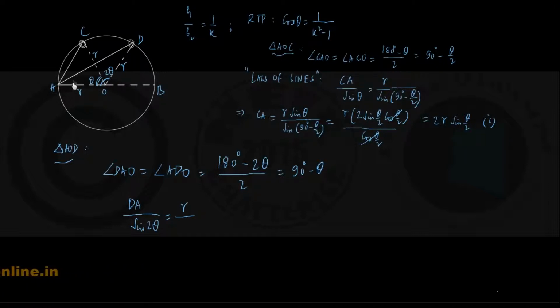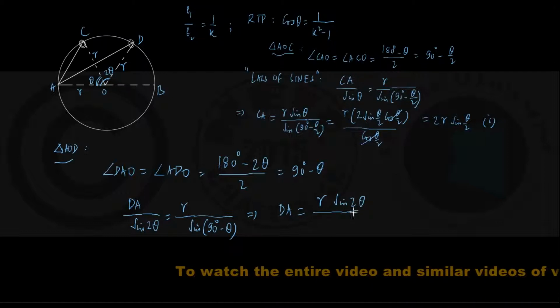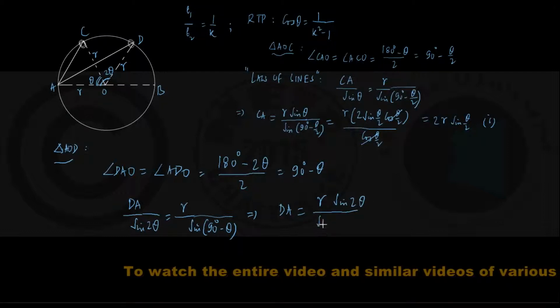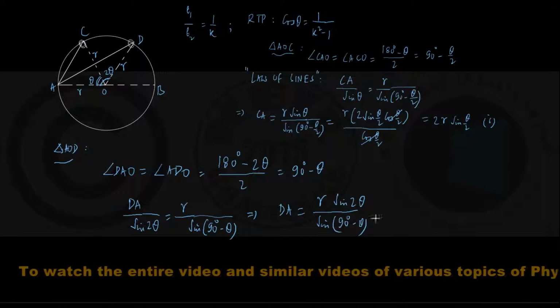This angle has been just now found to be 90 degree minus theta, isn't it? Either this angle or this angle is 90 minus theta. So you have got r divided by sine of 90 degree minus theta. From here, we are getting the length DA is equal to r into sine 2 theta divided by sine 90 degree minus theta, which is of course cos theta.